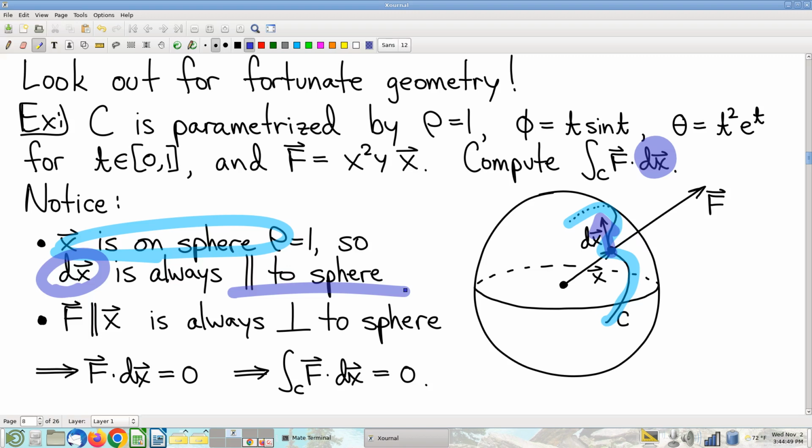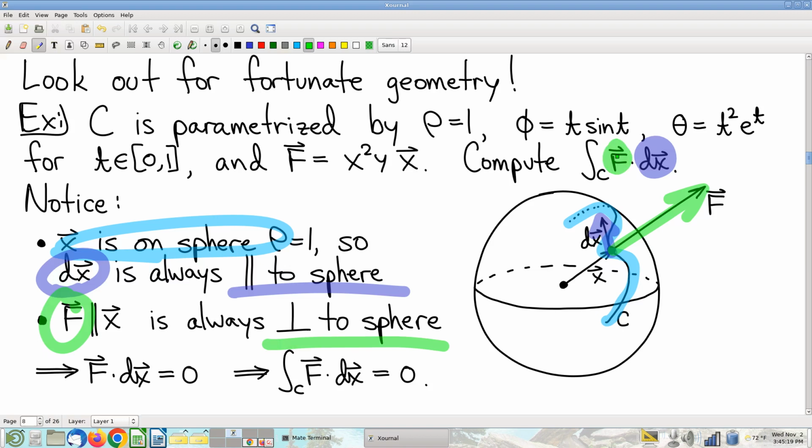Next cool observation: the field vector is parallel to your position vector, and this being a sphere, think about the symmetries of the sphere centered at the origin. The position vector is always perpendicular to the surface, and that means that my field vector is always perpendicular to the sphere.